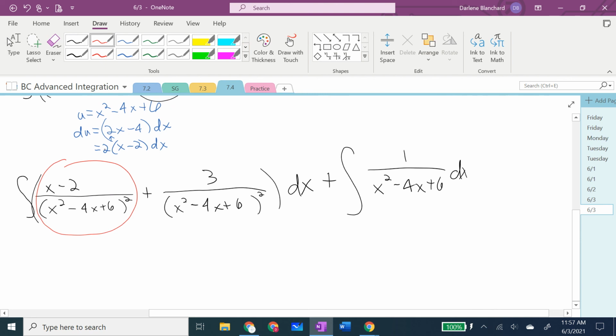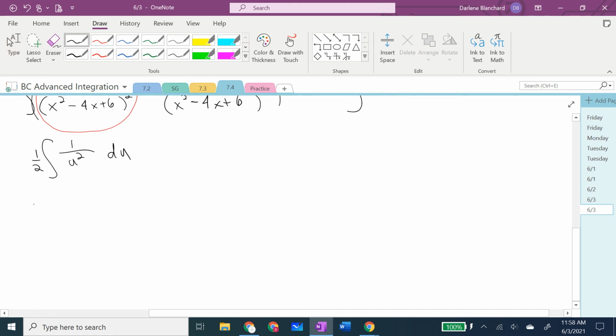With the u sub, I want to see that x minus 2 dx is replaced with a 1/2 du. And the only thing left is to put a u squared in the denominator. When I integrate u squared, I'm actually integrating u to the negative 2.